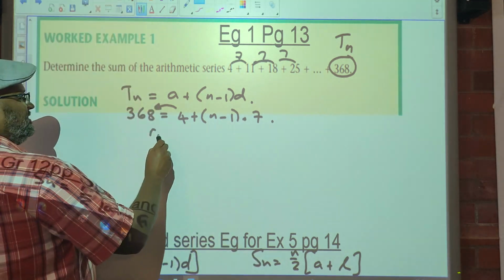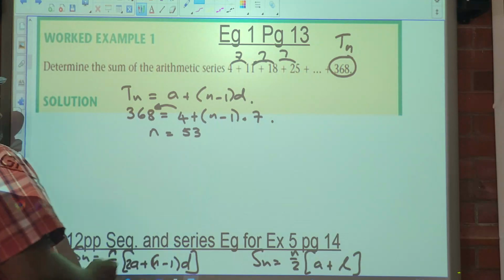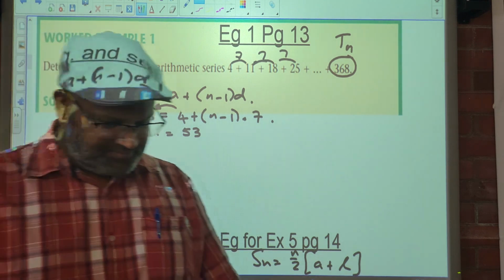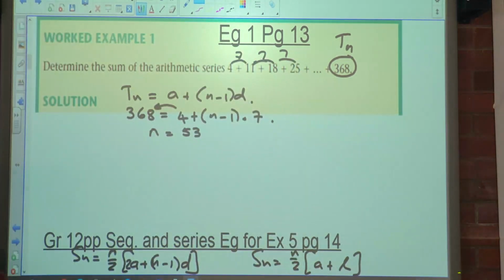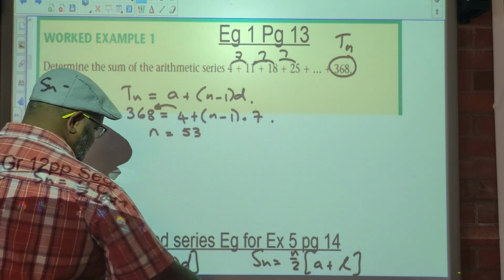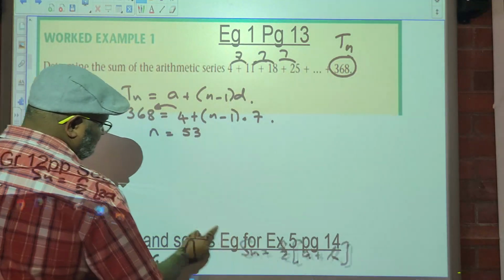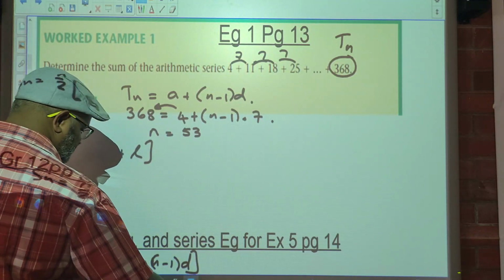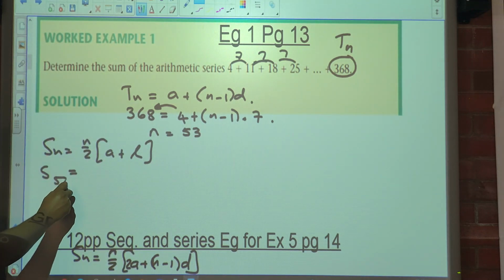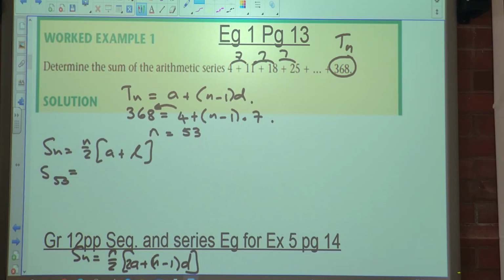So any confusion there? So n is 53. Now what do we do? Now we can use any of the two formulas, not so? So I'm going to use the formula Sn is equal to n over 2 into a plus l. So I'm going to work out the sum of 53 terms.